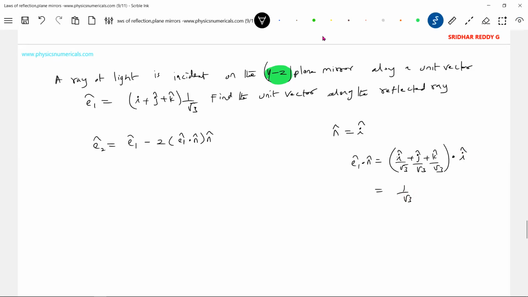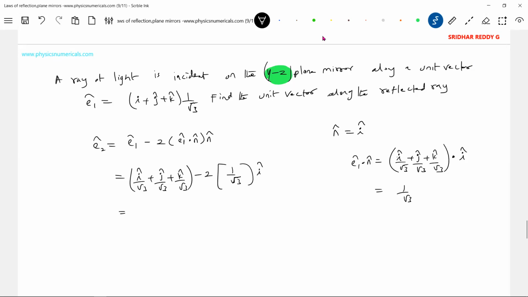So substituting this value here, this will be I cap by root 3, J cap by root 3, K cap by root 3, minus 2 times 1 by root 3. And what is the value of N cap? It should be I cap.